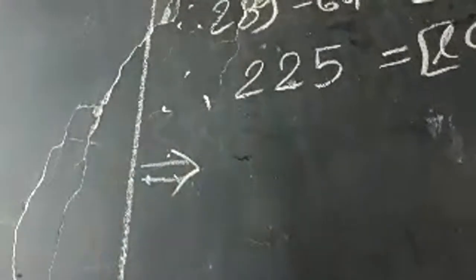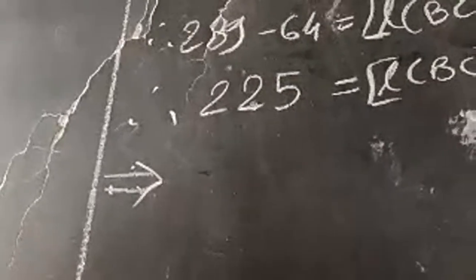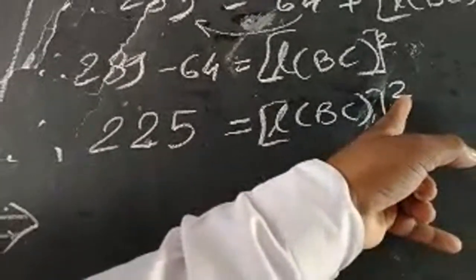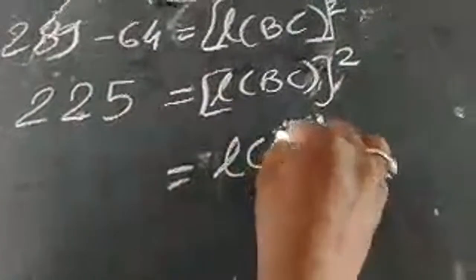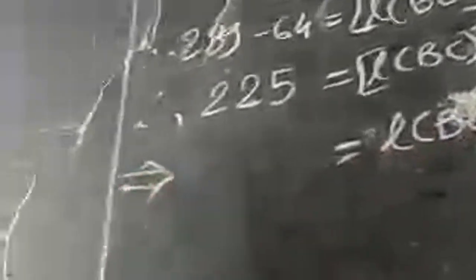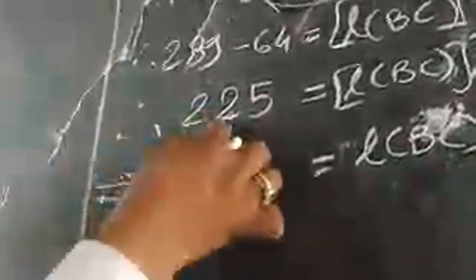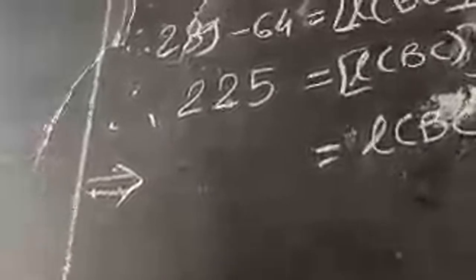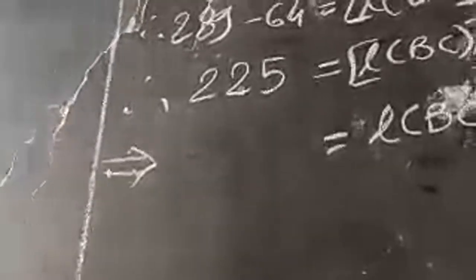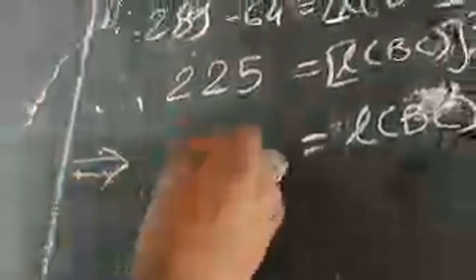This implies that we change the step. Remove the square by taking the square root. Length BC is equal to root of 225, which is 15. That is the correct answer, and the reason is by taking the square root.